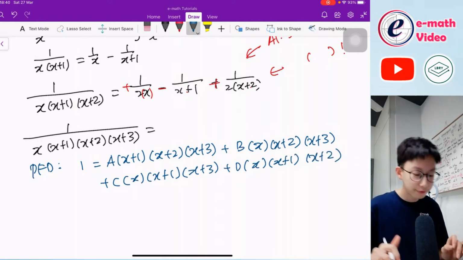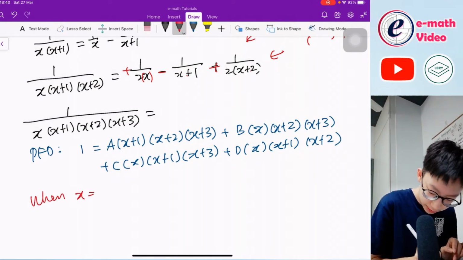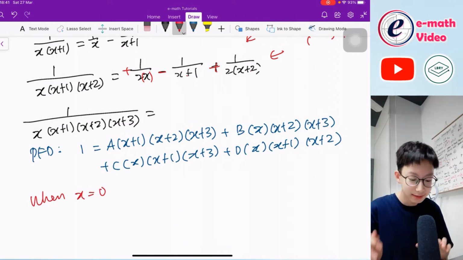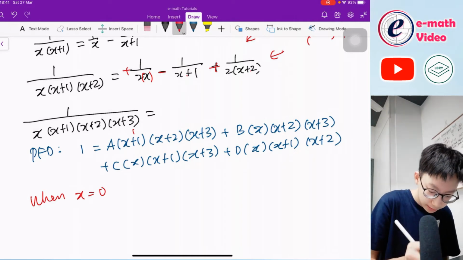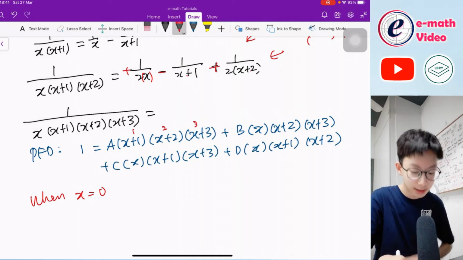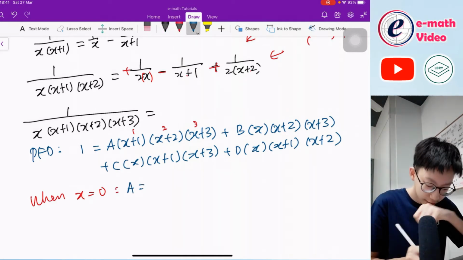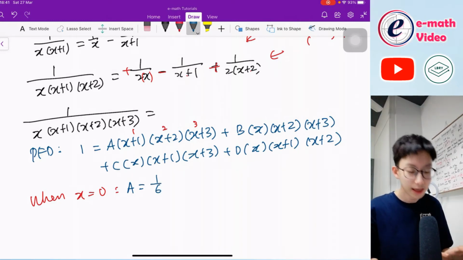And we do the cover up method. When x is 0, we cover up b, c, and d. And this will be 1 times 2 times 3, which is 6, right? So a will be 1 over 6.